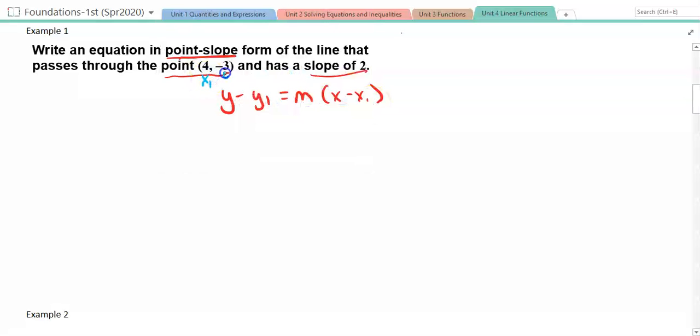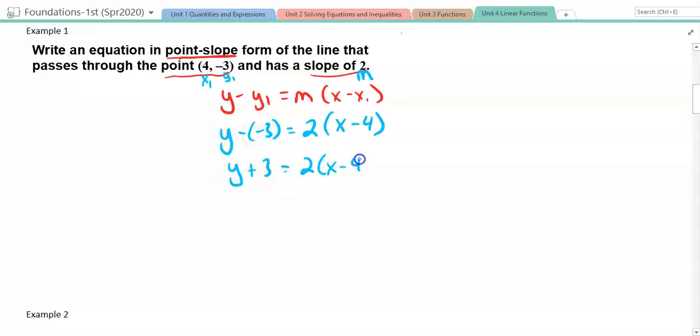This is my x sub 1, this is my y sub 1, and of course my slope is the m. And so I just plug everything in. So y minus the negative 3 is equal to 2 times x minus 4. Now this double negative will simplify, and so we're going to get y plus 3 is equal to 2 times x minus 4.